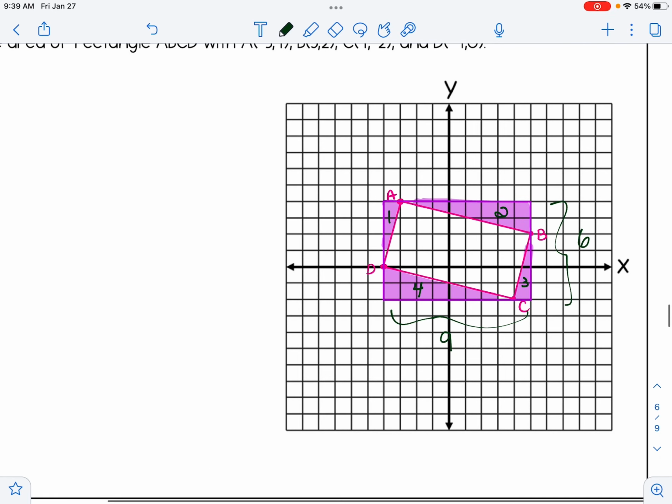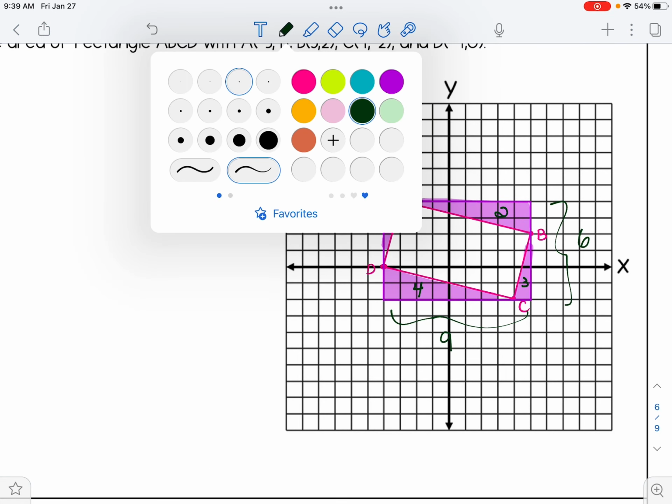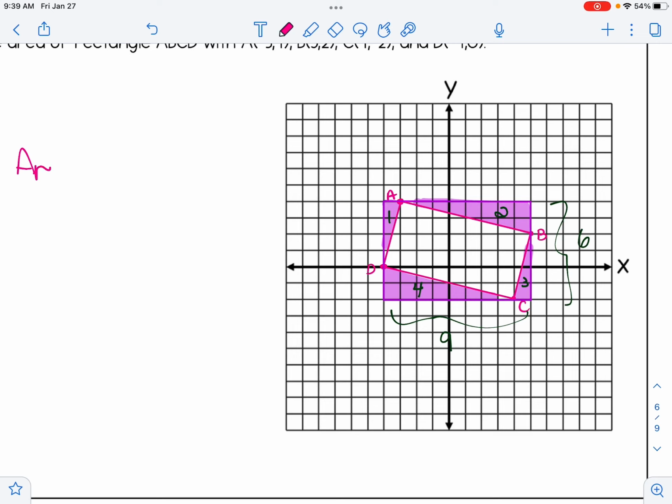So off to the side here, I'm going to calculate the area of my rectangle. Base times height is 9 times 6, or 54.